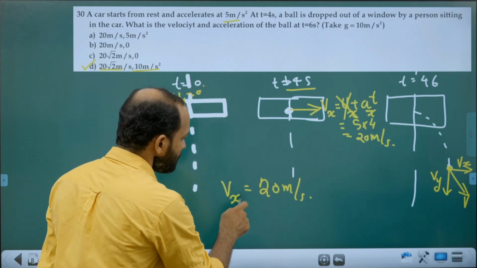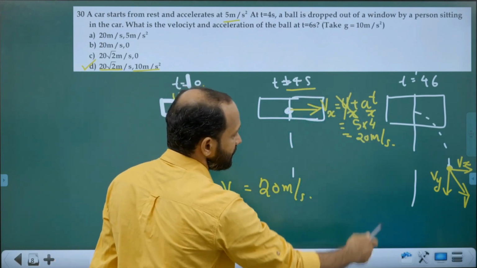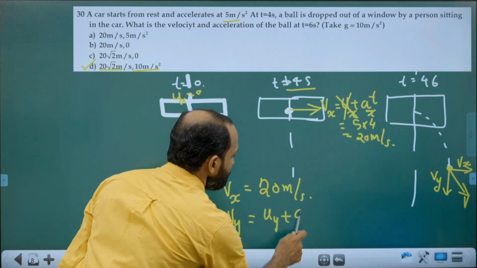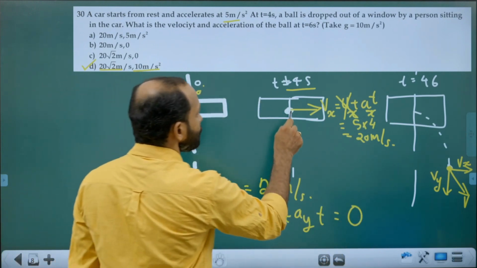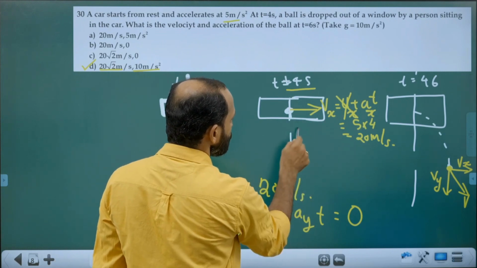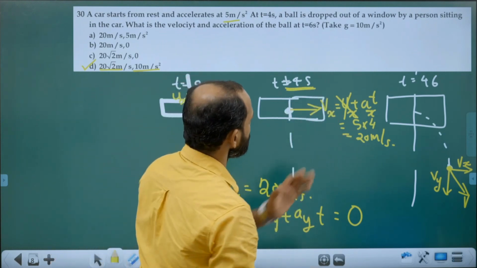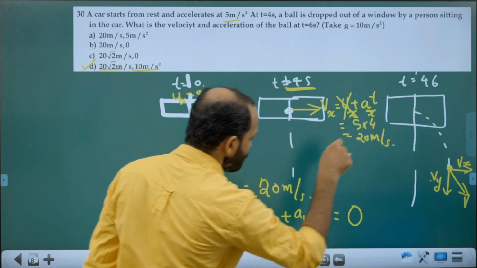Okay, now what is Vy? Vy is varying because it is accelerating under gravity. You can use the formula uy plus ay t. Uy is also 0 because at the point of dropping at t equal to 4 seconds, it doesn't have any initial velocity. The time interval between 4 seconds and 6 seconds is 2 seconds.